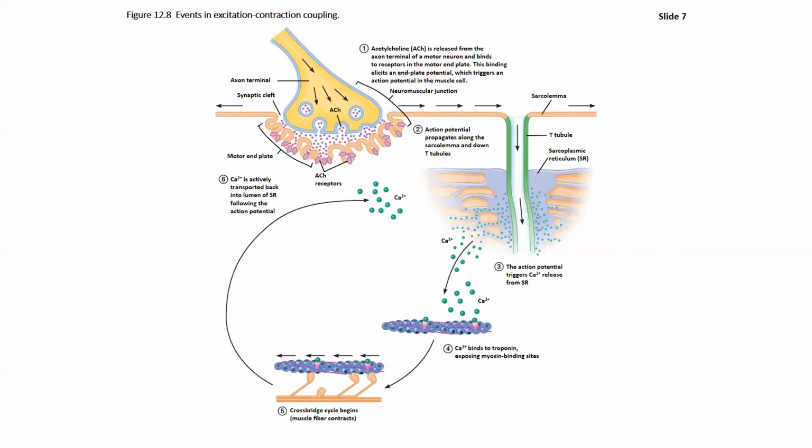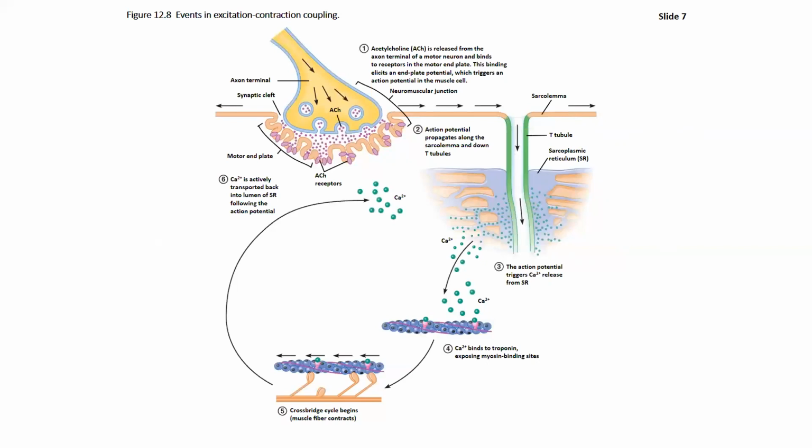Okay, now we spoke about gradients, and calcium naturally wants to go from the SR into the cytoplasm. So what kind of process is going to be required to get calcium out of the cytoplasm and back into the SR? This is like a throwback question.